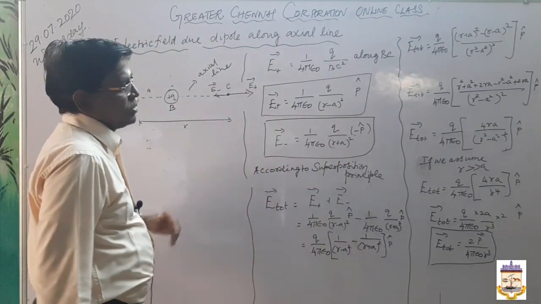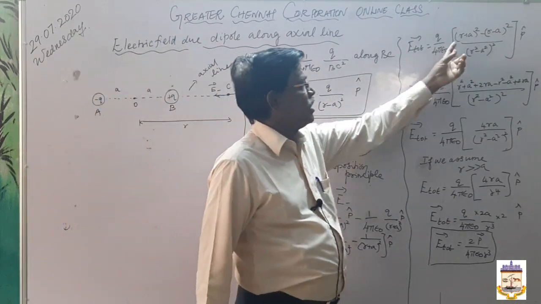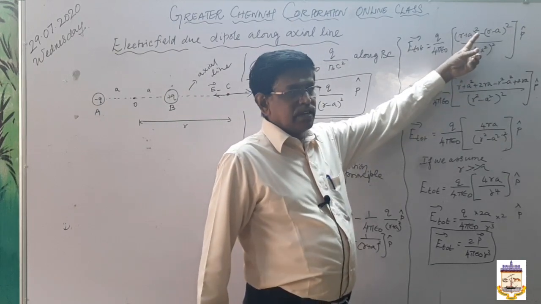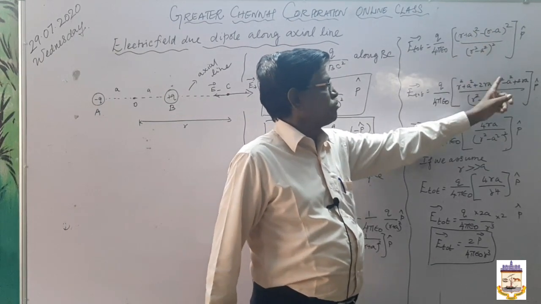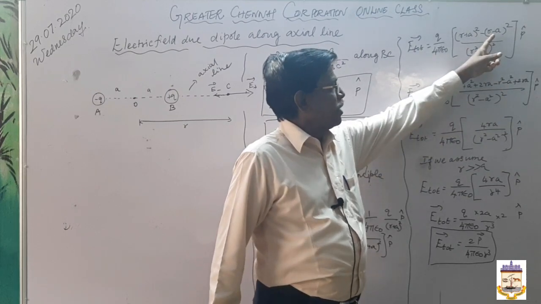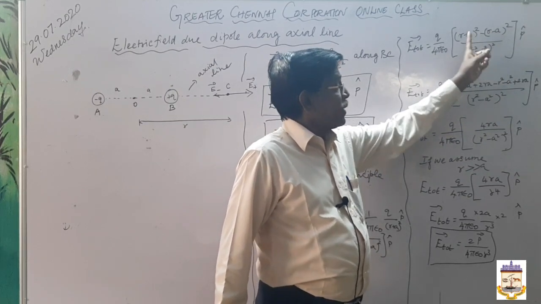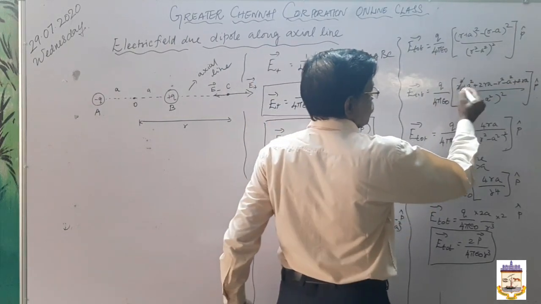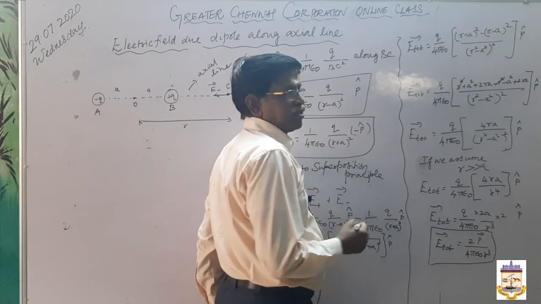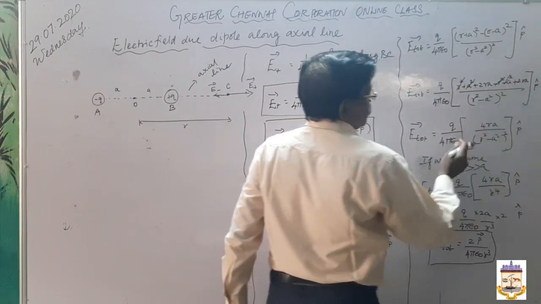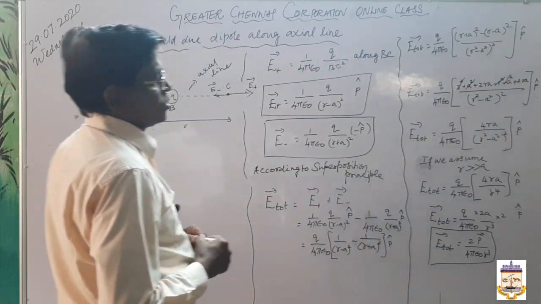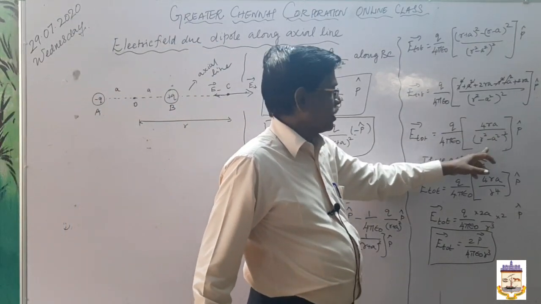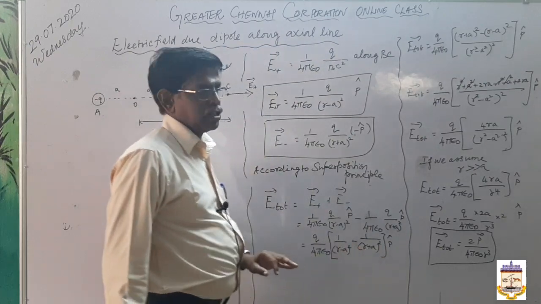Next step, expand the formula: r square plus a square plus 2ra, minus r square minus a square plus 2ra. The r square cancels, the a square cancels. In the numerator, 2ra plus 2ra gives 4ra, over (r square minus a square) whole square.